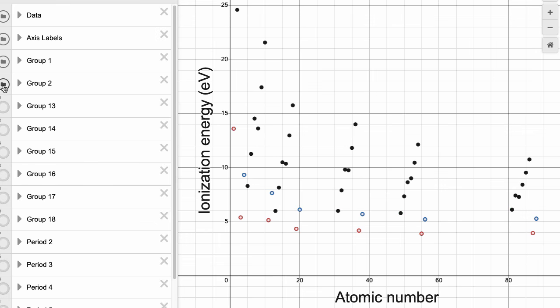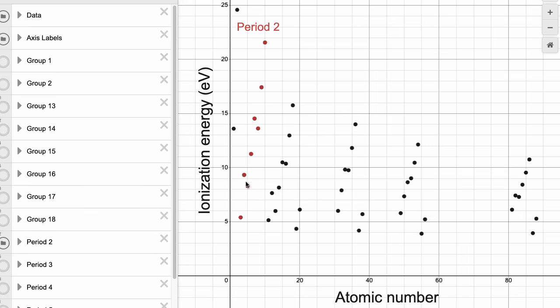Now let's look at the periods. So remember, the periods are the rows in the periodic table. So if we look at that second row in the periodic table, as we go from left to right, it looks like, generally speaking, ionization energy is increasing. It becomes harder and harder to remove that highest energy electron. Now, there are some anomalies here.